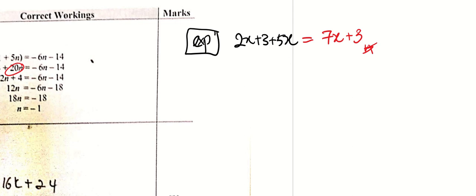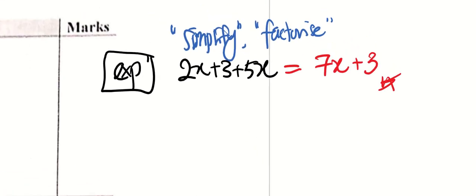At the end of the question, usually there is the word simplify or, for example, factorize. You'll see these two kinds of prompts for dealing with expressions.